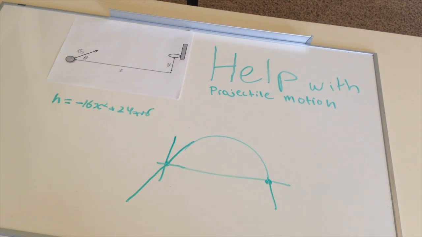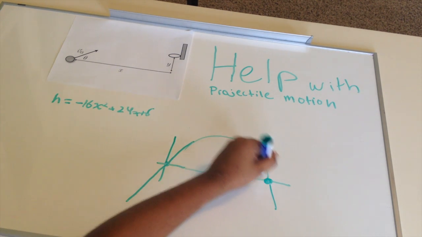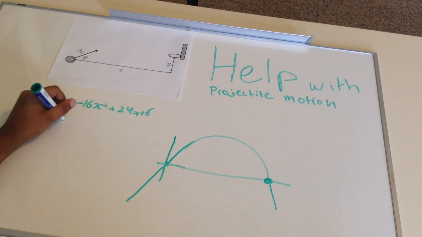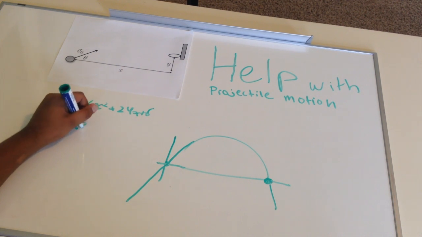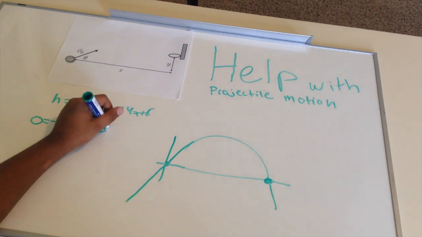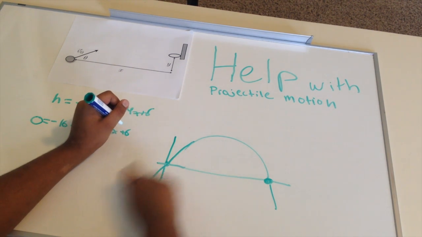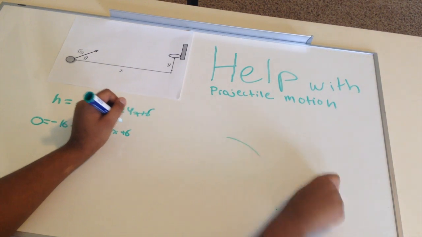What we're going to find out is where this zero pair is. So we input 0 for h, so 0 equals negative 16x squared plus 24x plus 6. We'll erase this, get it out of the way.